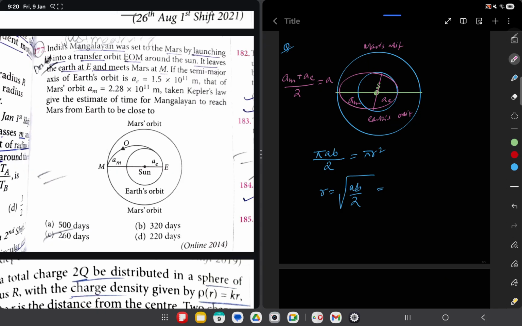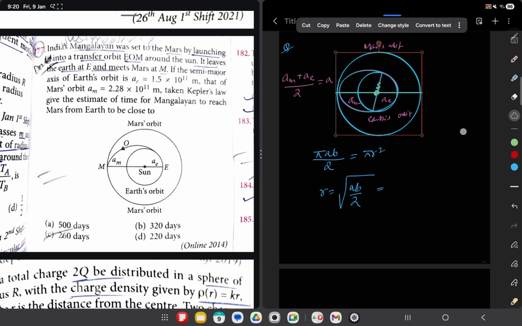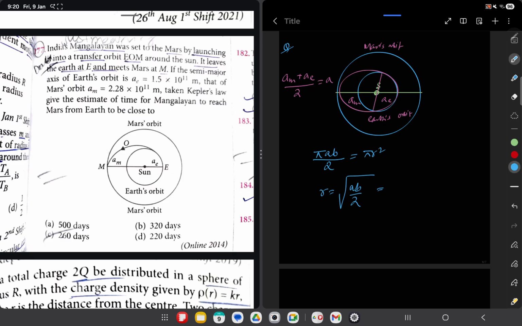So this will be your minor axis, and this will be your major axis. The major axis value is A, and minor axis value is B. B means this total is 2B. 2B equal to 2R. So B should be equal to R.